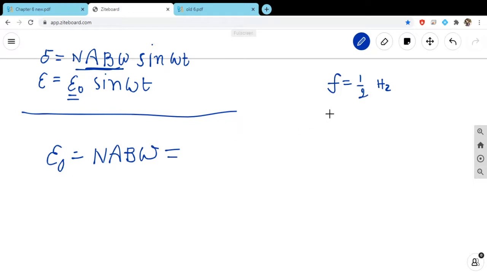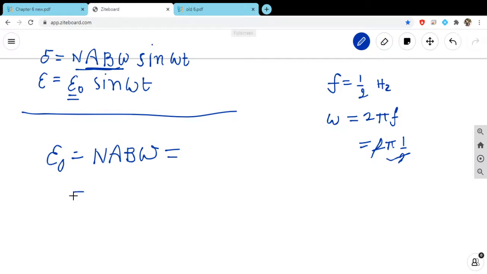We can put that value in omega equal to 2 pi f, with f equal to half. So as you can see, omega is equal to pi radian per second.